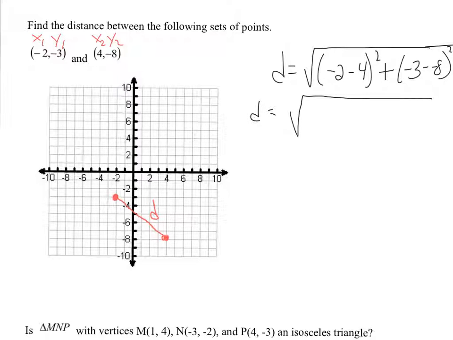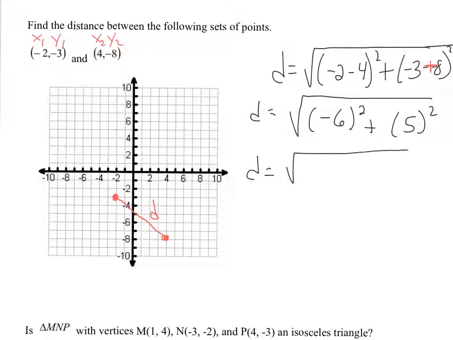This will be -2 minus 4, which is -6 squared, plus -3 minus -8, where 2 negatives make a positive, so -3 plus 8, which is 5 squared. -6 squared is 36 plus 25. 36 and 25 is 61, so the distance between these two is the square root of 61.